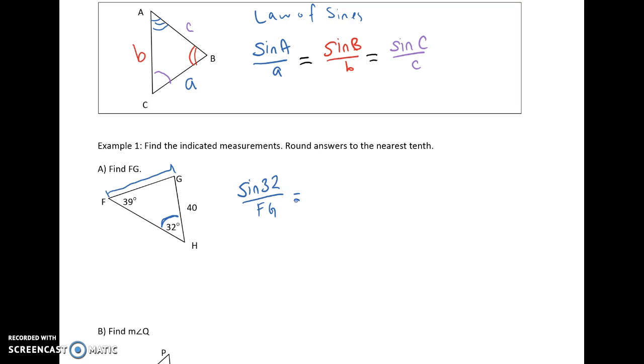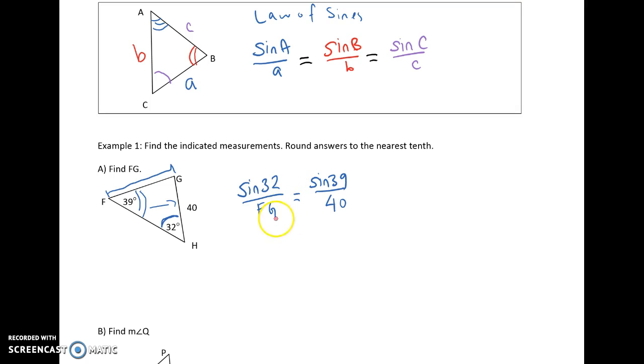So take a look at another pairing. I've got angle F, and what is the side opposite angle F? Well, that's the 40. So I can say sine 39 over 40.